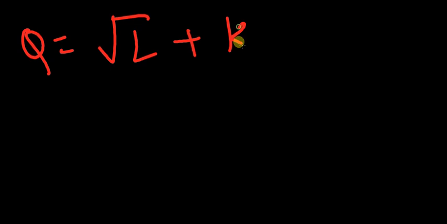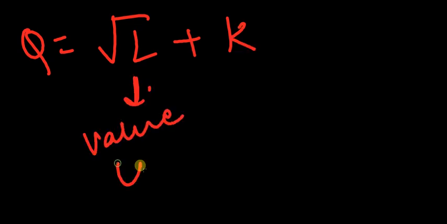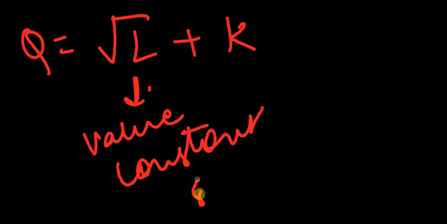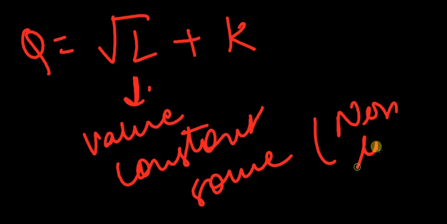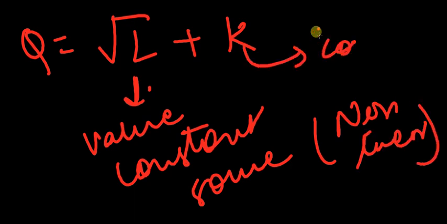Supposedly my function is root L plus K. So I know that its value should remain constant at some level, because this is in non-linear form, and its value should change. Okay.